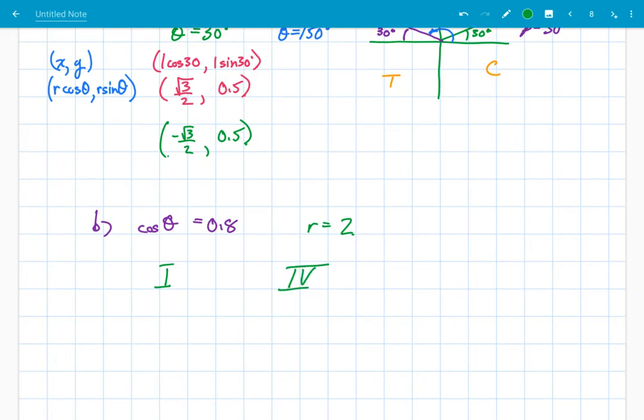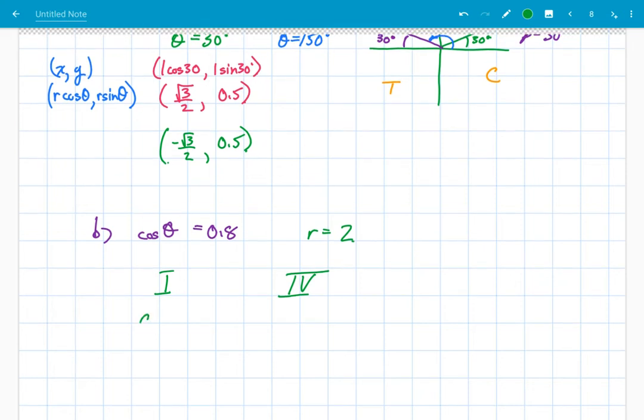Let your calculator do the work for you. Find the angle in the first quadrant. If you have a positive trig ratio, the calculator will always give you the first quadrant. So use your calculator. Inverse cos of 0.8. You should get a theta is equal to 36.9.